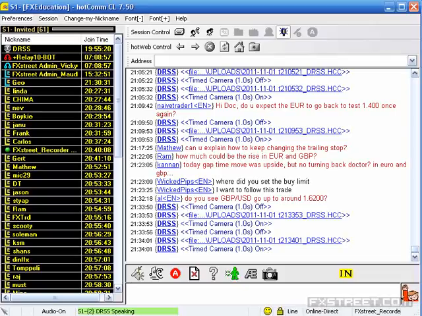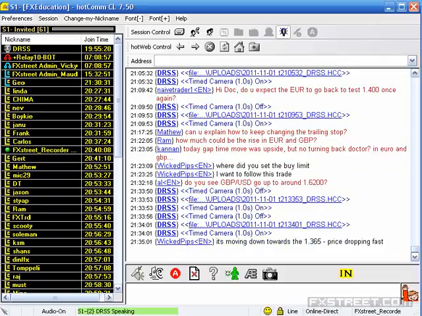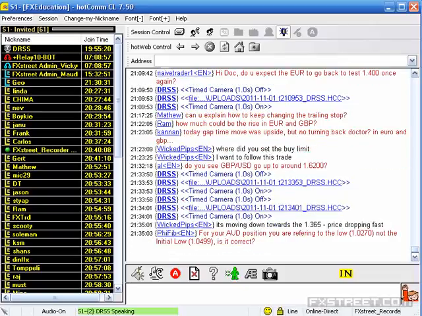Then Matthew asks, can you explain how to keep changing the trailing stop? See, there are many platforms, even MetaTrader 4 has the facility that you can keep a distance in the stop, and as they gain levels in the market, the trailing stop will also gain the levels and maintain 30 pips. In case they reverse the market, it will not move down. That is trailing stop, and that facility is available in many trading platforms.